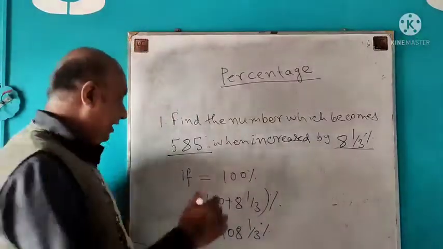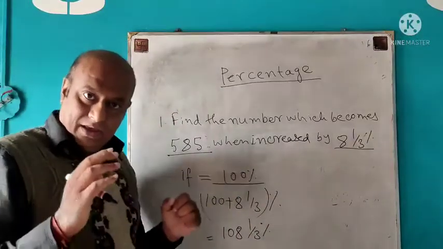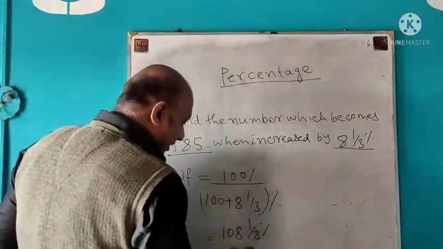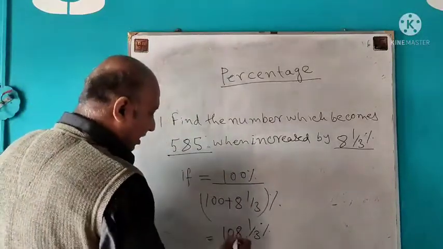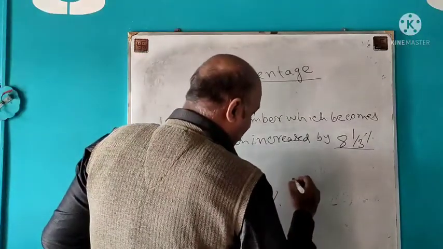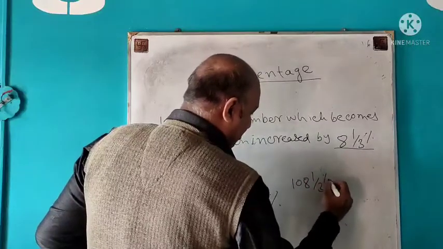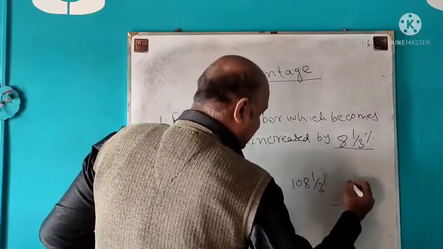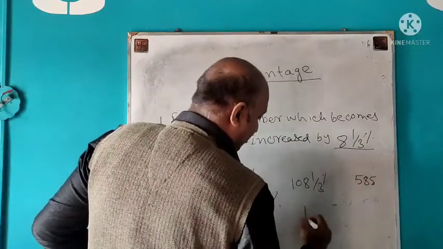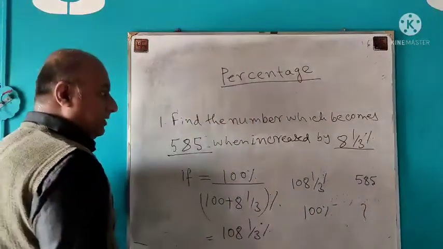We have to find out what is the value of 100%. Hope you have understood this. So we have to equate this 585 with 108 whole 1 by 3%. In the process of ratio and proportion, 108 1 by 3% is equal to 585. What will be the value of 100%? We have to find out, and it's a simple thing.